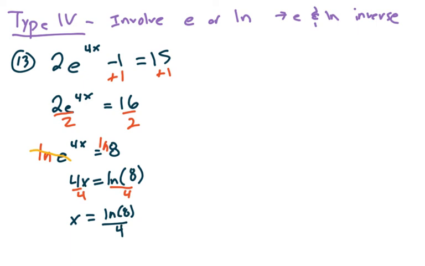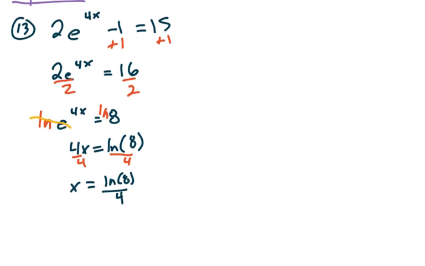So when you stick this in your calculator, do the natural log of 8 first. Which should be approximately 2.079 over 4. So x equals 0.1520.